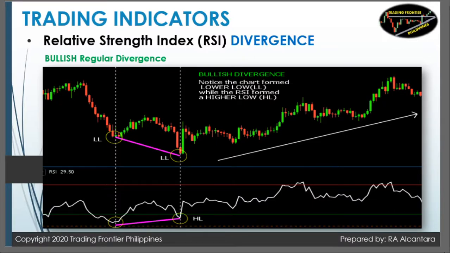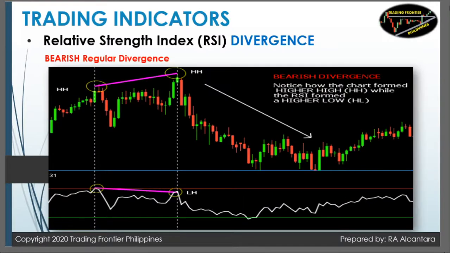All right, so if there is a bullish regular divergence, there is a bearish regular divergence. For the regular bearish divergence, notice how the chart formed a higher high, while the RSI formed a lower high.